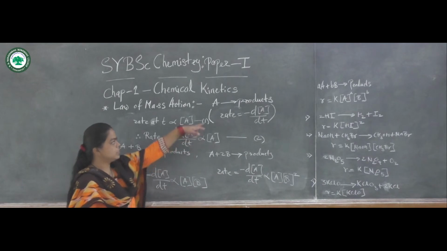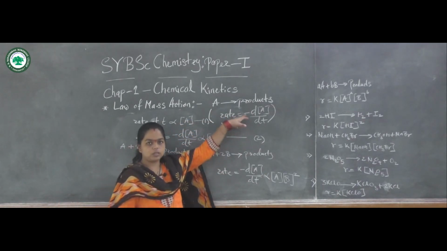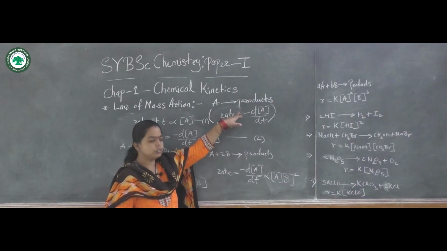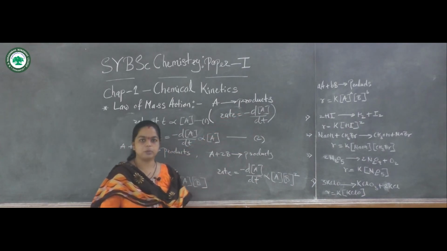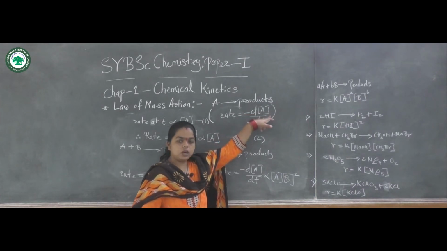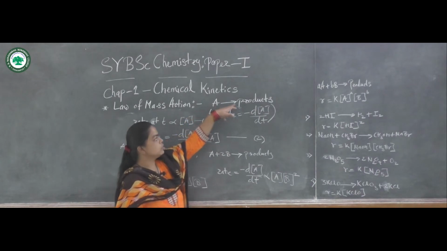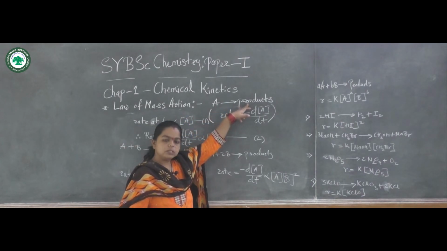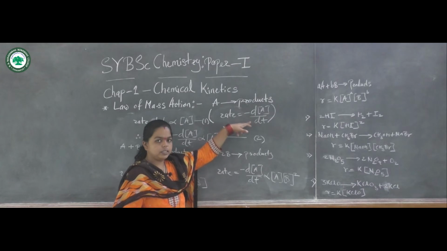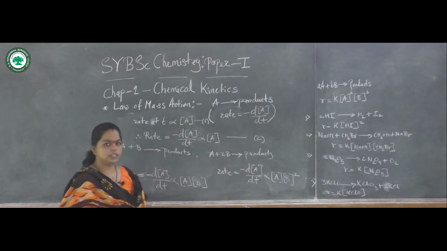So if we consider the reaction A gives product, already for the rate constant we have derived the equation rate equals minus d[A] upon dt, where square bracket A is the concentration of A. Here A is the reactant that will give the product. So from the rate constant we have derived this equation, minus d[A] upon dt.